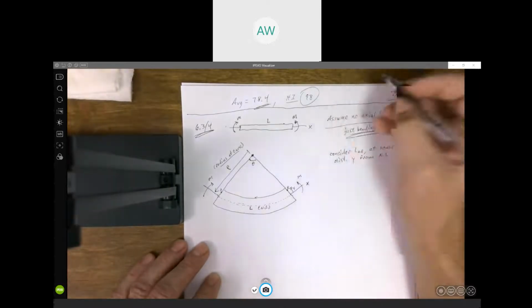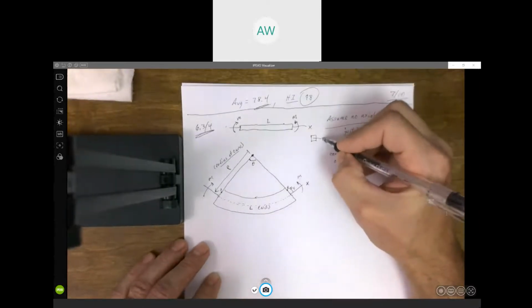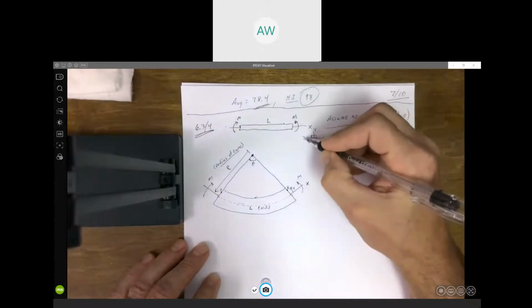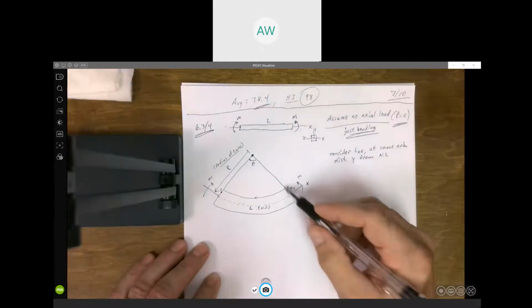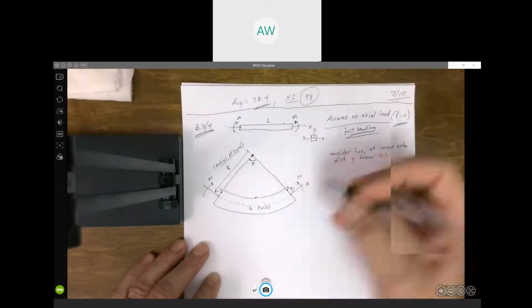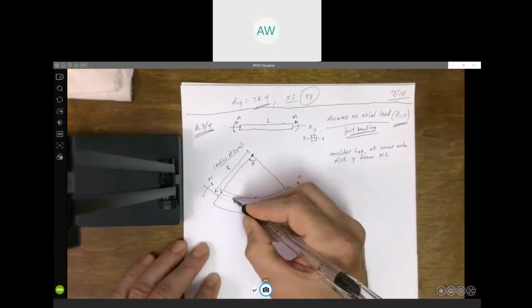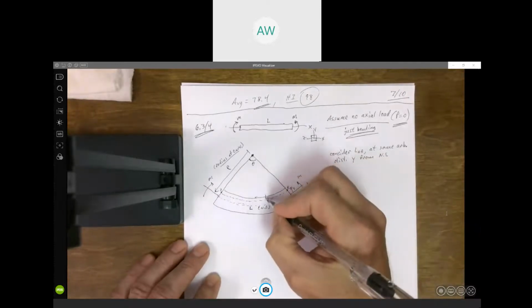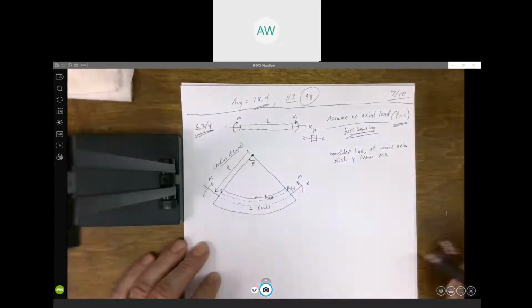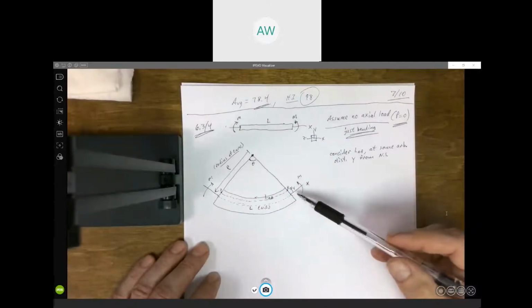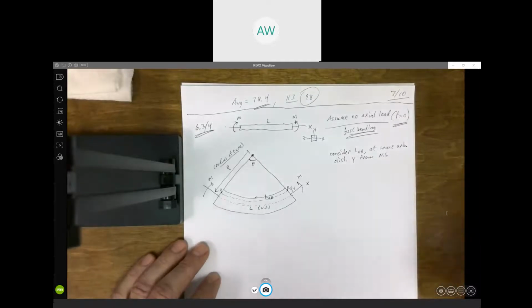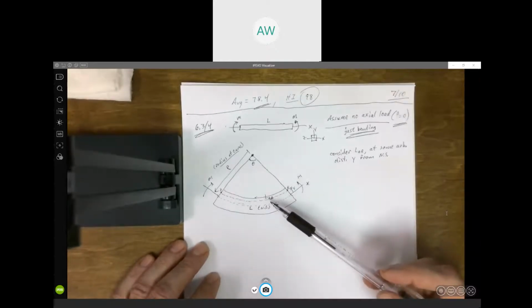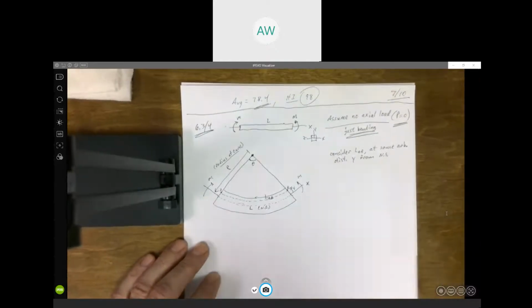If we look at the cross section, x was the longitudinal, y was the vertical, z was the horizontal. So y here would be the vertical direction. We'll call this length AB. We're going some arbitrary distance away from the neutral surface, and we want to determine the change in length, the difference between this length and the original undeformed length of our neutral surface.